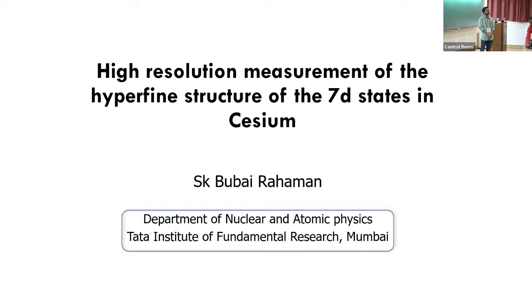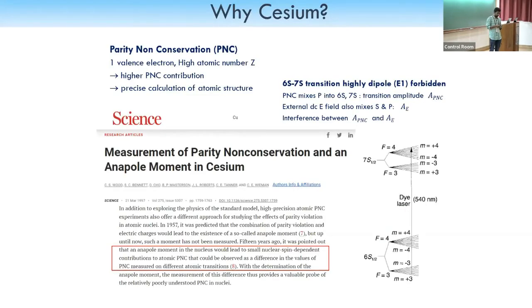Hi, good morning, everyone. So I am going to talk about this precision measurement of hyperfine structure in cesium, these 7D states. This kind of precision measurement is important in cesium for several reasons.